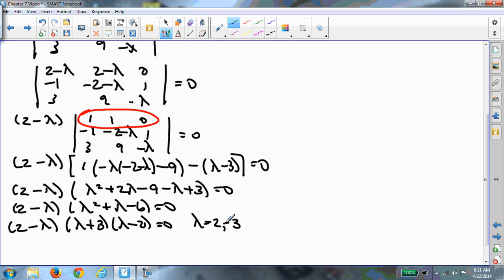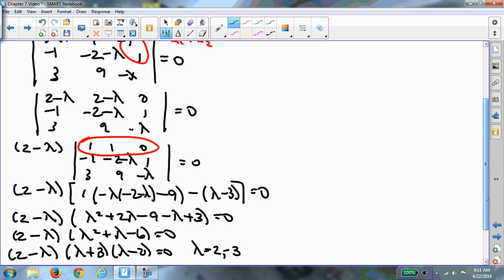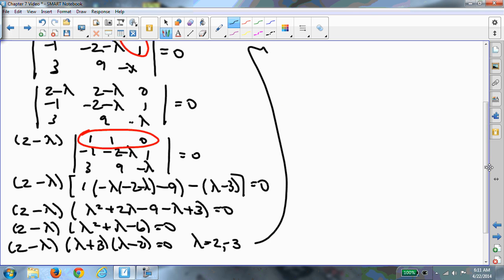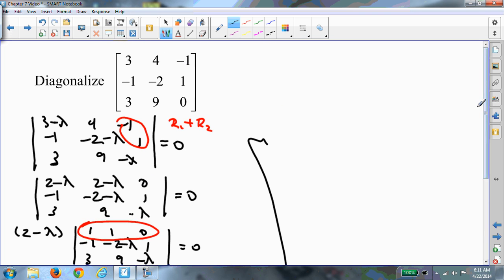Now, the one I want to focus on is lambda equals 2. So I'm going to come all the way up here and do my lambda equals 2. If lambda equals 2, then the augmented matrix I'm going to solve is 1, 4, negative 1; negative 1, negative 4, 1; and 3, 9, negative 2.